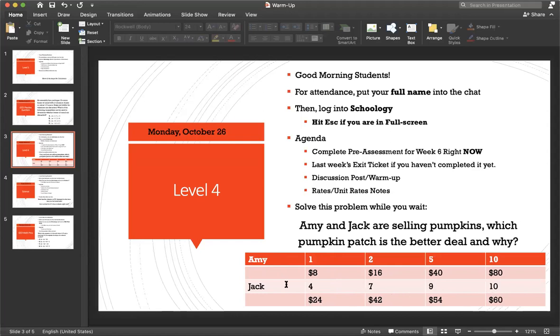So if I want to save money, I'm going to buy my pumpkins from Jack instead of from Amy, because Amy is selling hers for $8 a pumpkin. Jack has the pumpkin at a cheaper price, exactly. So you want to go with the cheaper price, and in this case, that is Jack.